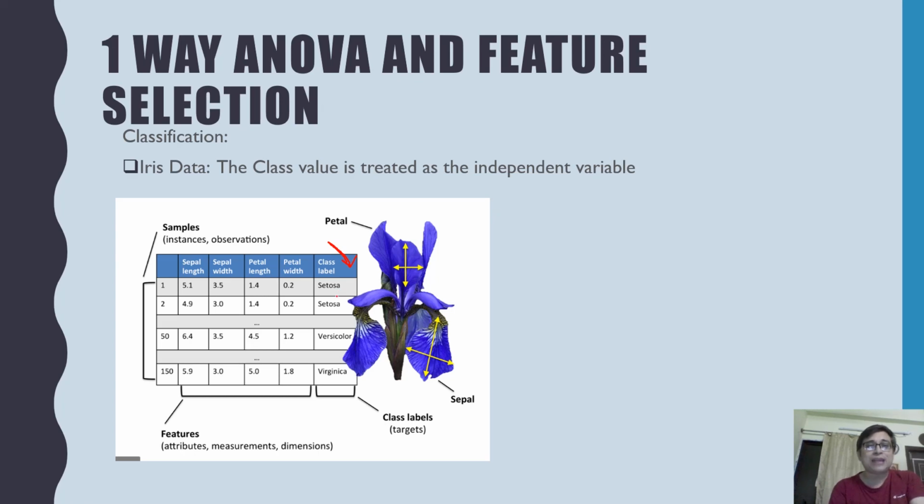So I can take setosa as a group, versicolor as a group, and virginica as a group. I can find sepal length, or any one of them actually, for each of the groups. And again, I can use one-way ANOVA to find out whether there is a difference in the value of sepal length across these groups and whether that is significant or not.